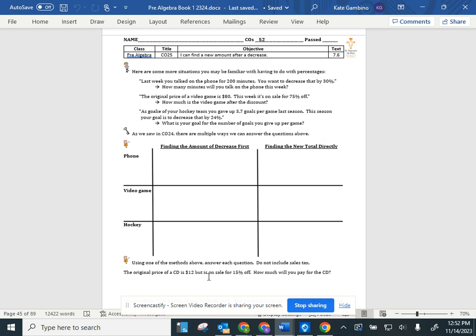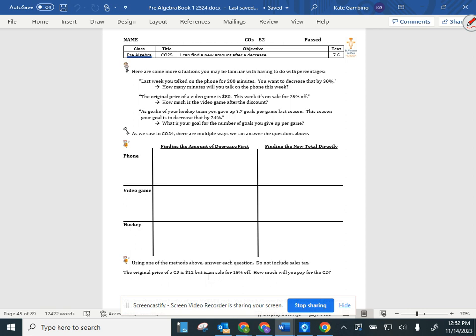So here are some other situations. Last week you talked on the phone for 200 minutes and you want to decrease that by 30% because 200 minutes is a lot. How many minutes will you talk on the phone this week? Or the original price of a video game is $80, but this week, oh my goodness, it's on sale for 75% off.